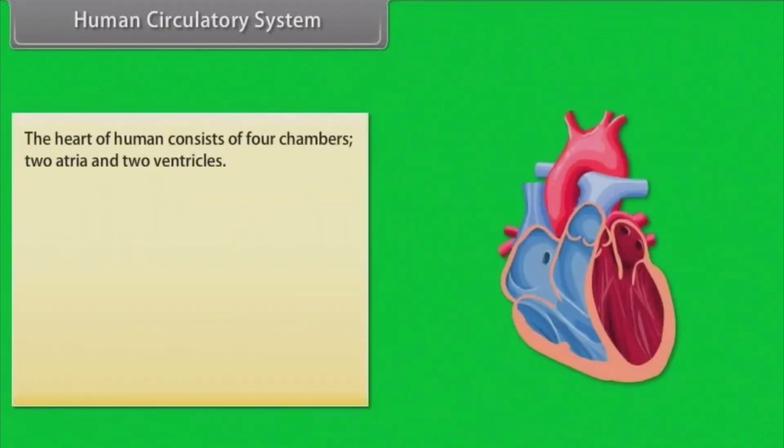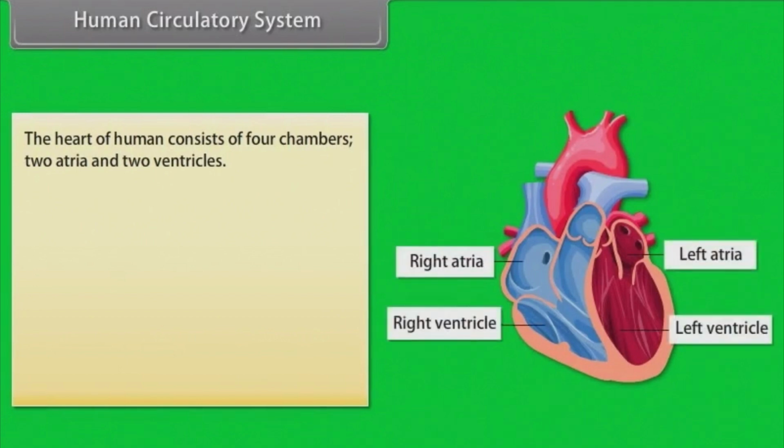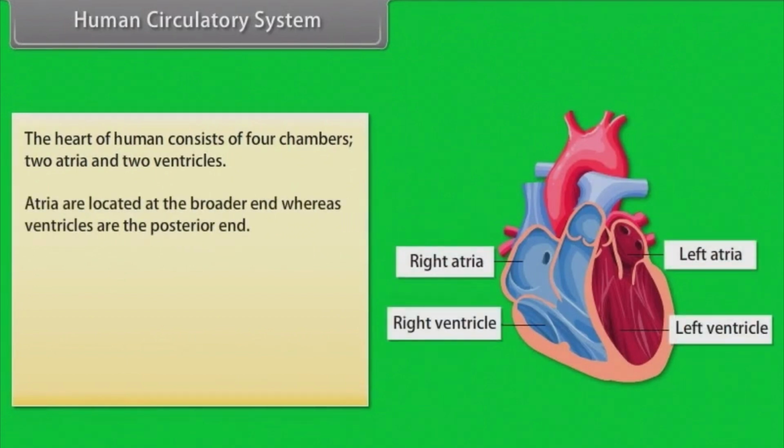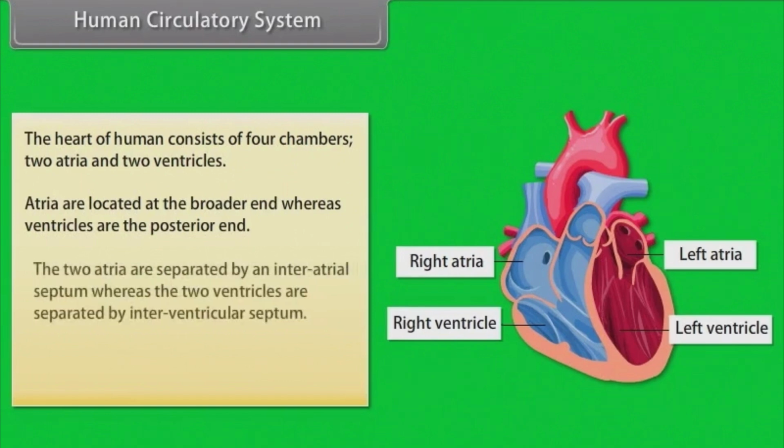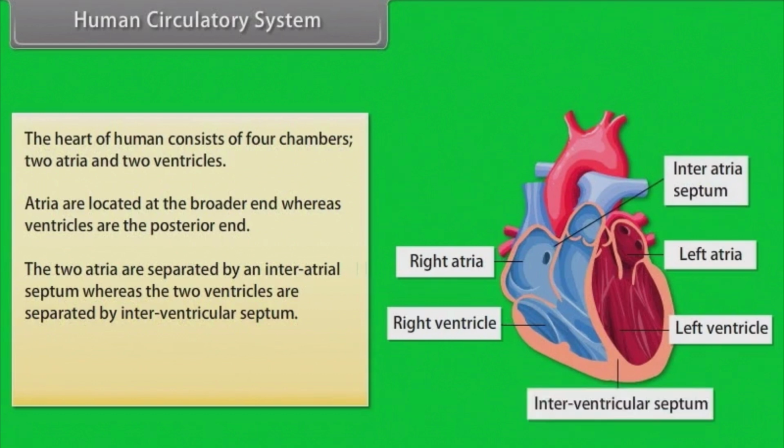The heart of a human consists of 4 chambers, 2 atria and 2 ventricles. Atria are located at the broader end, whereas ventricles are at the posterior end. The 2 atria are separated by an inter-atrial septum, whereas the 2 ventricles are separated by the interventricular septum.